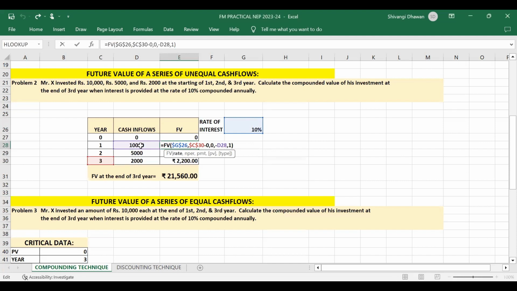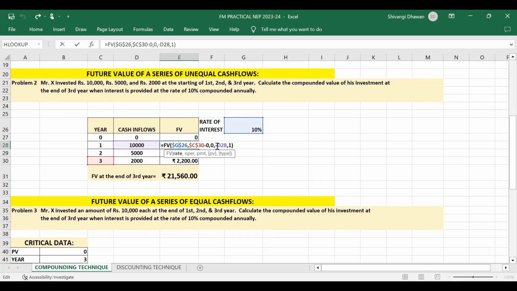Now, we must have invested this 10,000 and we are investing it at the time of first year. So, we are investing it for 3 years actually. So, we will take NPER as 3 minus 0, which will give us 3 periods, comma 0 is for payment as we are having none.